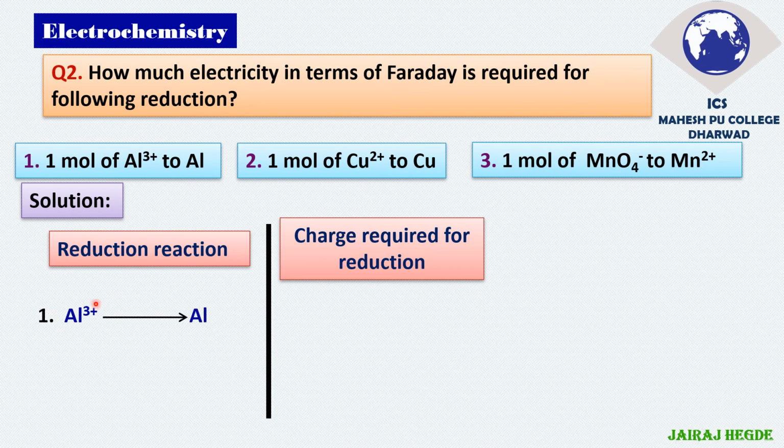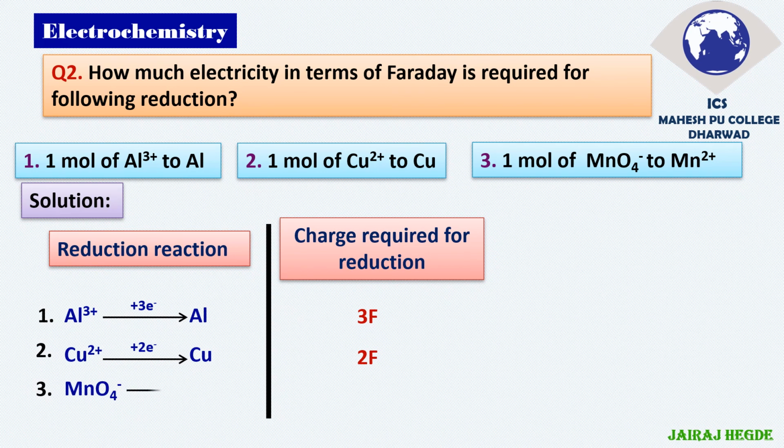To convert Al3+ to Al, you require 3 electrons for 1 mole of Al3+. The answer, as per the shortcut I have already told, is 3 farad. For 3 moles, 3 farads. For 2 moles, 2 farad. Cu2+ to Cu requires 2 moles of electrons for 1 mole of copper 2+, so the answer is 2 farad.